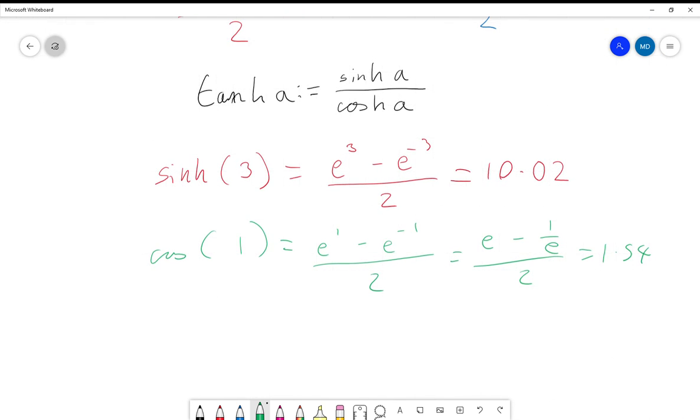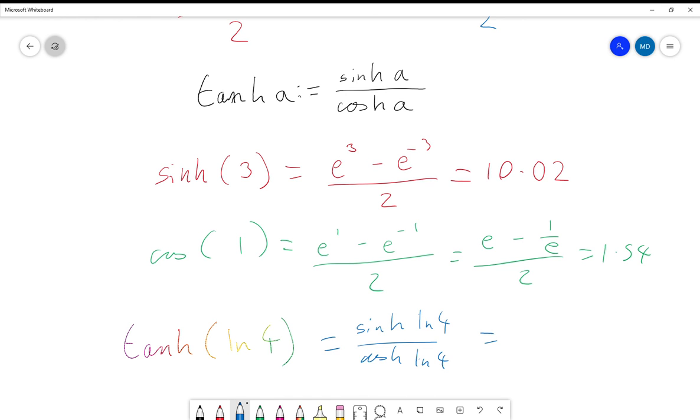Or you can go further and ask yourself, what if I've got hyperbolic tangent of the natural log of 4, for example? Well, then I can just put that into my definition. Hyperbolic tangent of a is hyperbolic sine of a over hyperbolic cosine of a, but in this case a is natural log of 4.